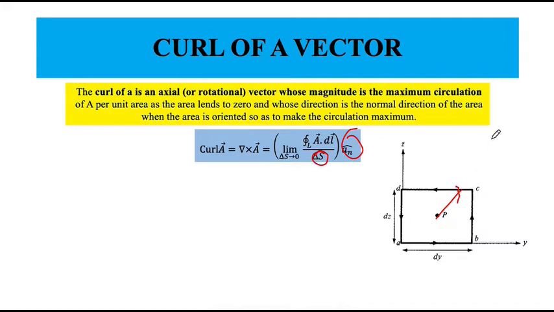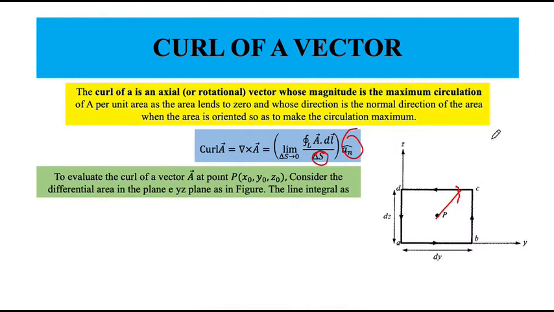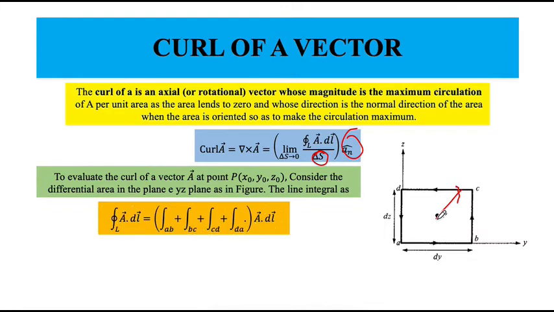So to evaluate the curl of vector A at point P, consider the differential area in the plane y and z as shown in this figure. So the line integral goes A to B, B to C, C to D, D to A. We expand the field components in Taylor series expansion about the center point P and evaluate the curl.